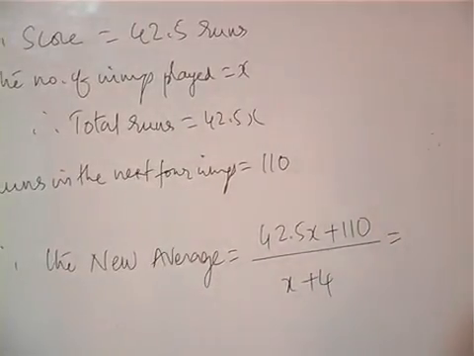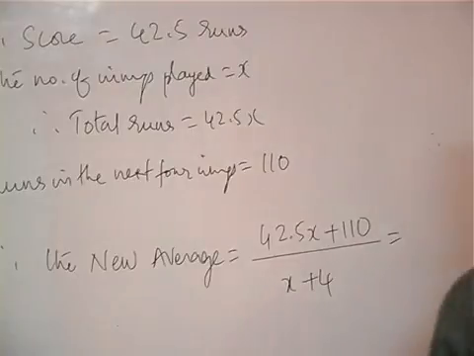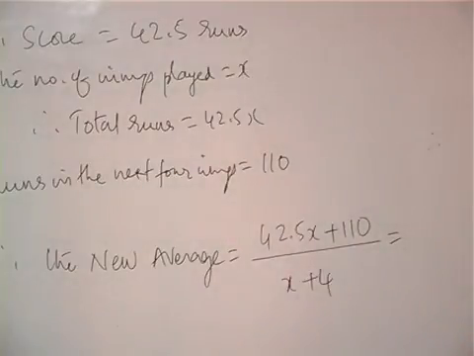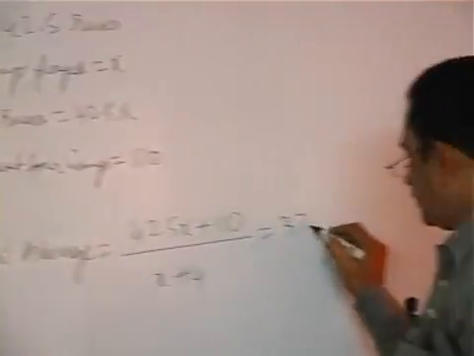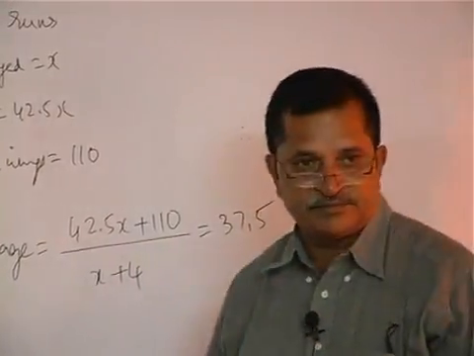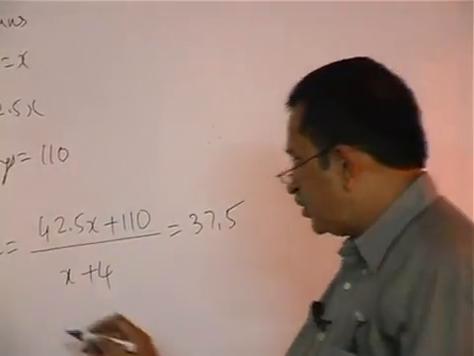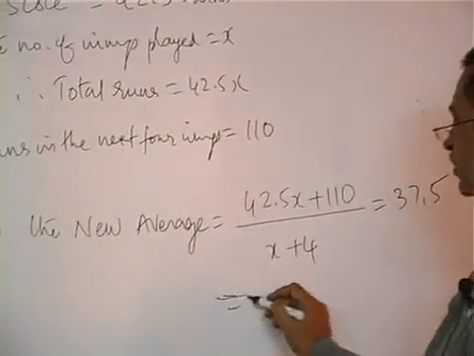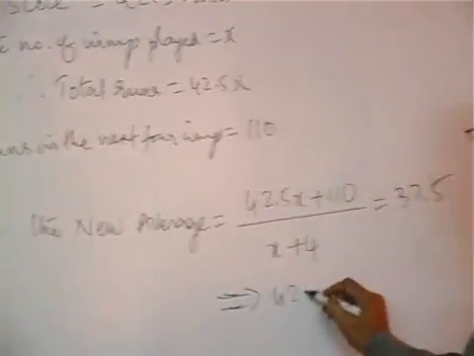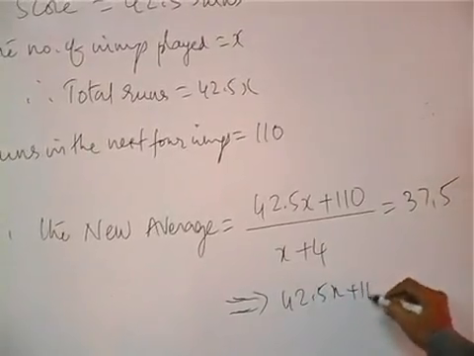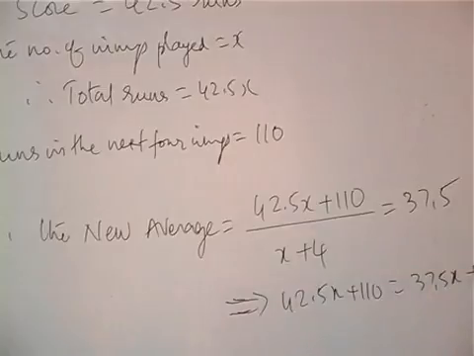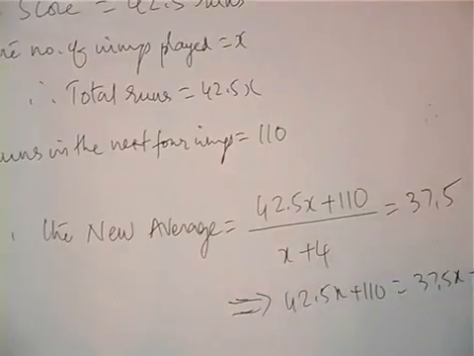He told in the problem that his average fell by 5 runs. Previously the average was 42.5, minus 5 means 37.5. So solving this, 42.5x plus 110 is equal to 37.5x plus 150, is it not?